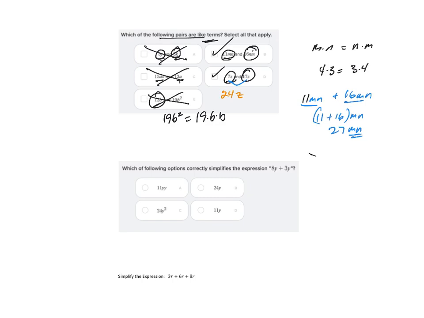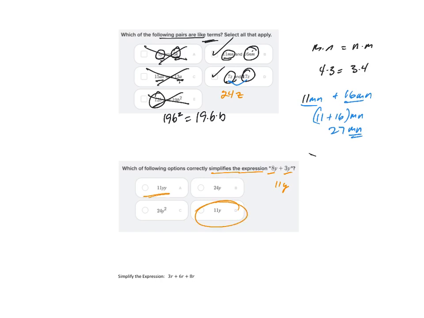Okay, so when we look at this, it says, which of the following correctly simplifies the expression? Well, again, we have 8 yarrows and 3 yarrows, right? So we're going to have 11 yarrows. So this is going to be 11y. That's the only correct answer.